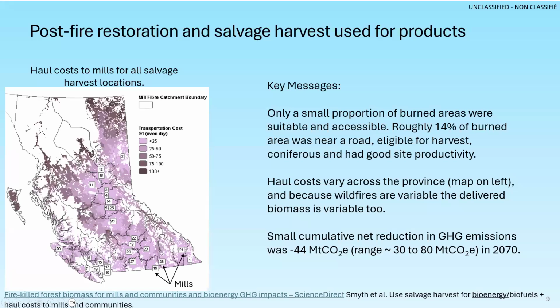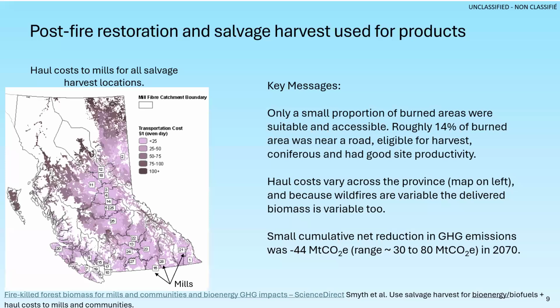So this would not be considered suitable or accessible for salvage harvest. In the colored areas, we would salvage harvest and transport to the mill. And we found the haul costs varied across the province. In some places, they would have access to a lot of salvage harvest, but it'd be quite expensive to transport. And the southern parts where the mills were closer together, there's some mill competition, and the haul costs would be cheaper.